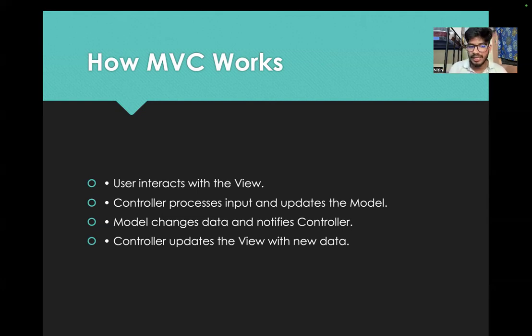So for the given input, the model gives the particular output, and the controller gives this to the view. The view's job is only one thing: it receives the input and shows the output. The controller and model do the basic work here.